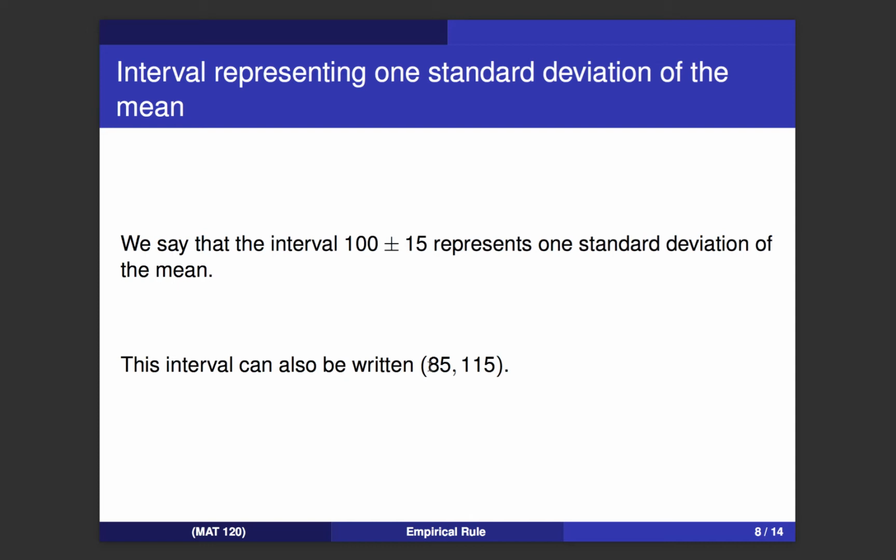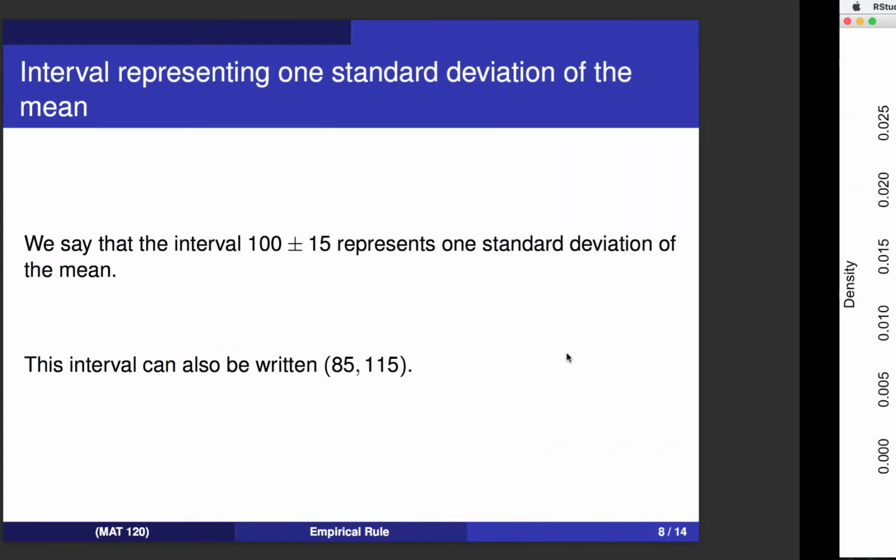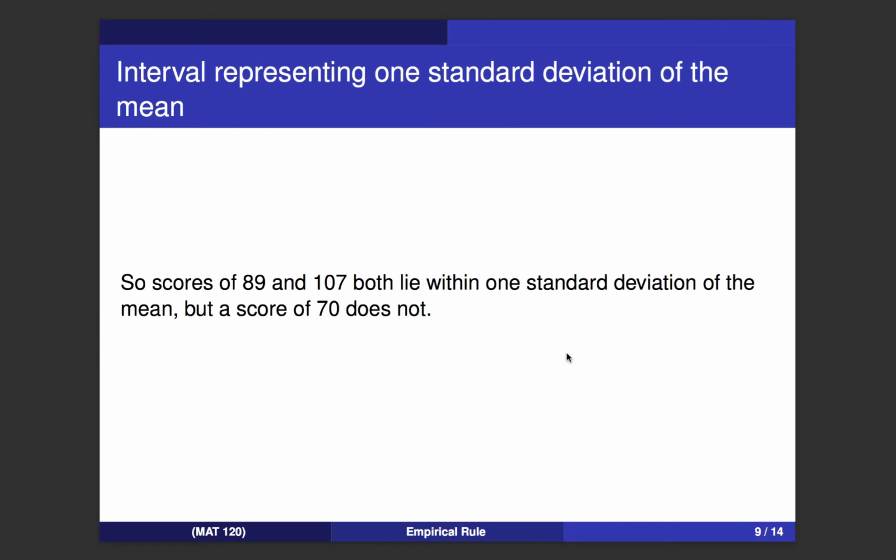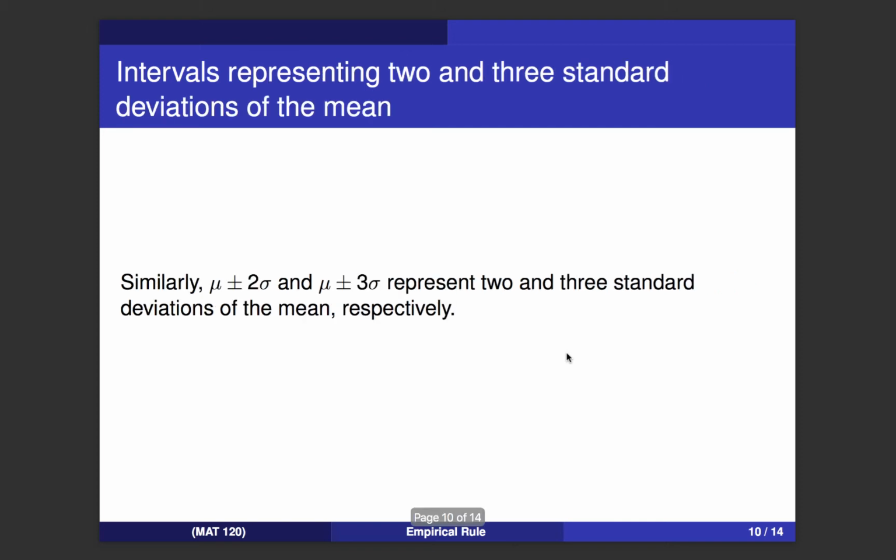That interval is from 85 to 115. Any number between 85 and 115 is within one standard deviation. So 89 and 107 are both within one standard deviation, but a score of 70 does not lie within one standard deviation.